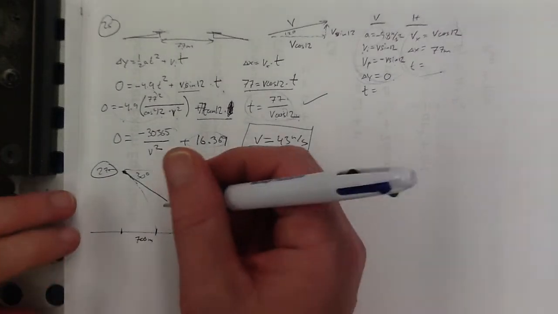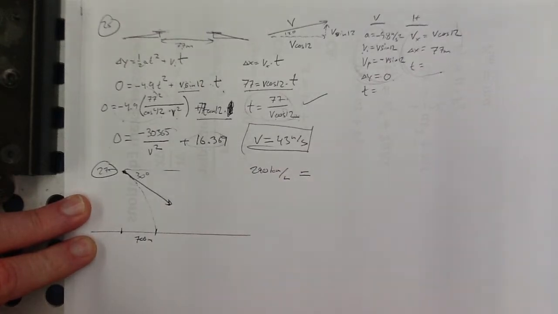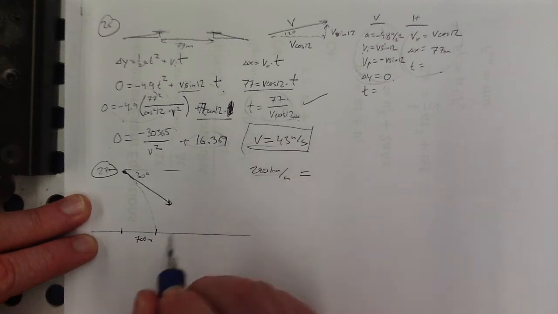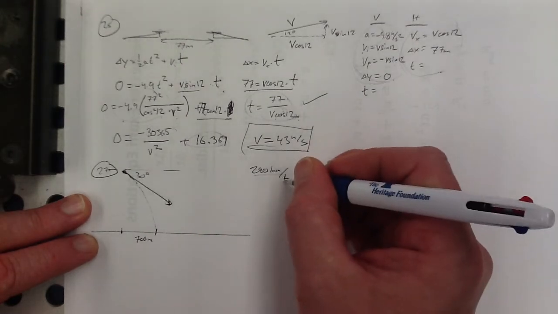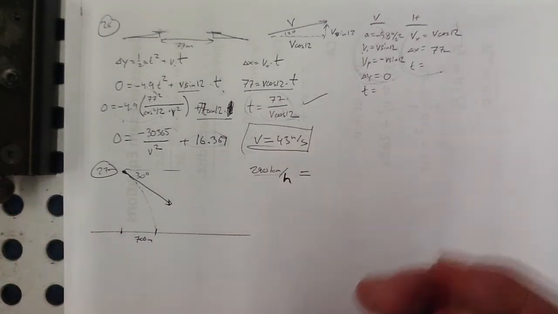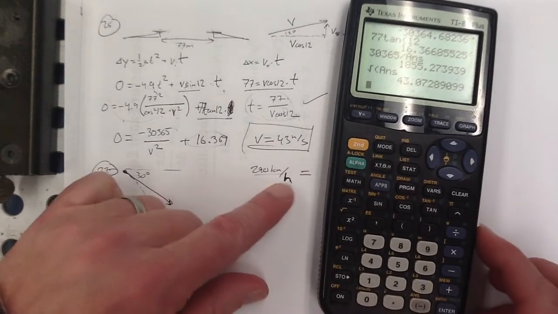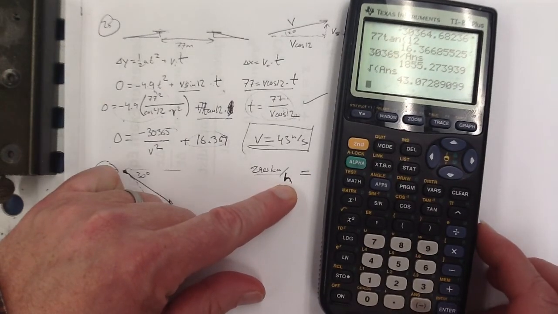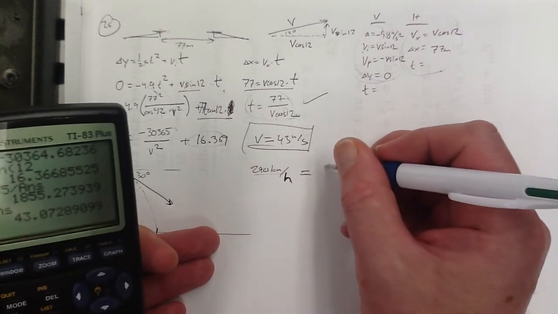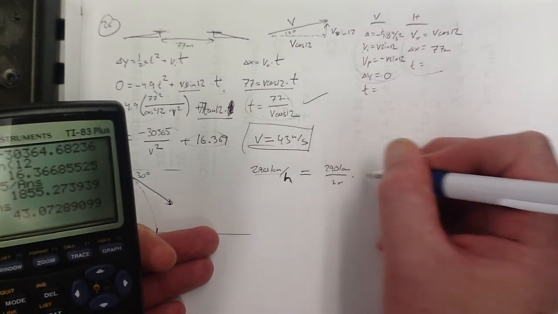All right. So I'm going to go ahead and change that over to meters per second. To get to meters, I'm going to have to multiply by 1,000, and then to get to hours, let's set it up just to make sure.